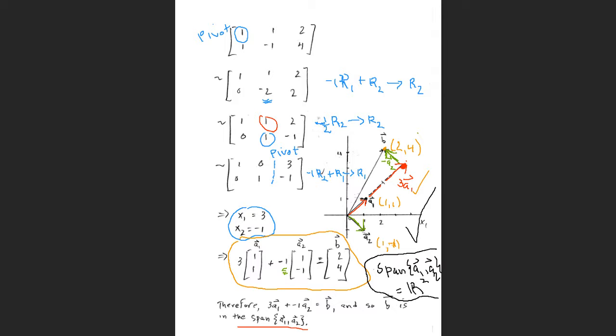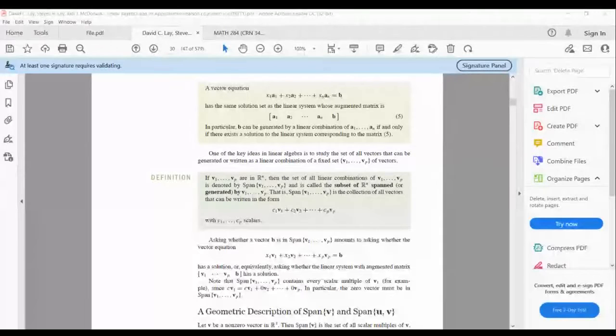Okay, let me show you an example from the book. A few things from the book that are important in terms of notation. We can denote a vector equation.